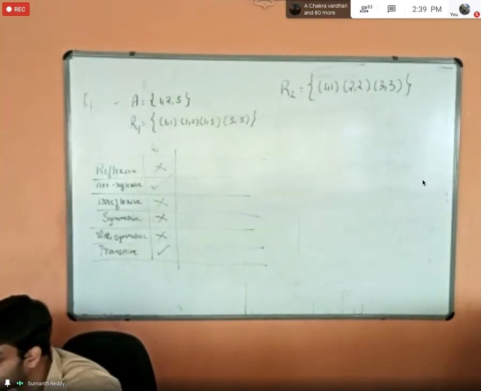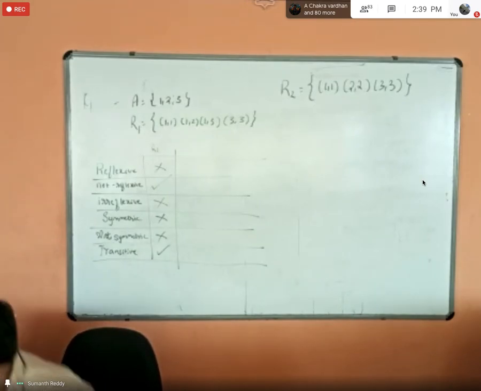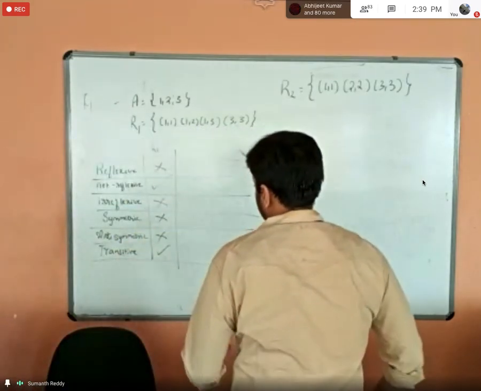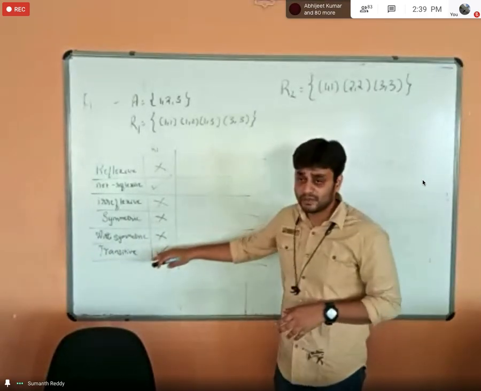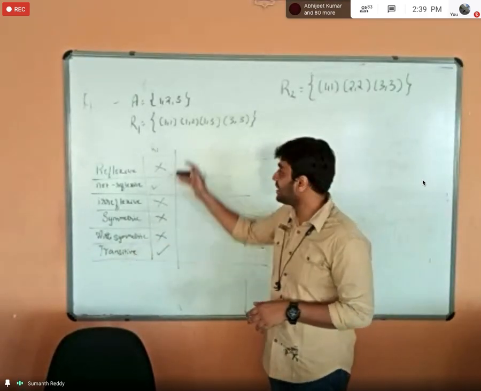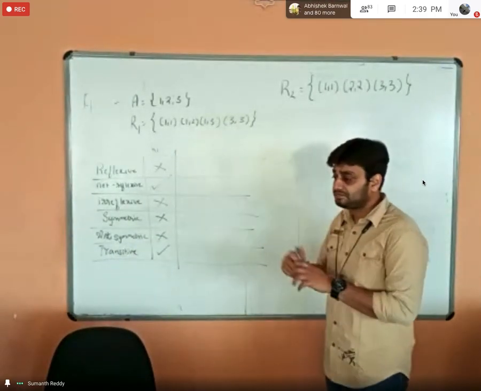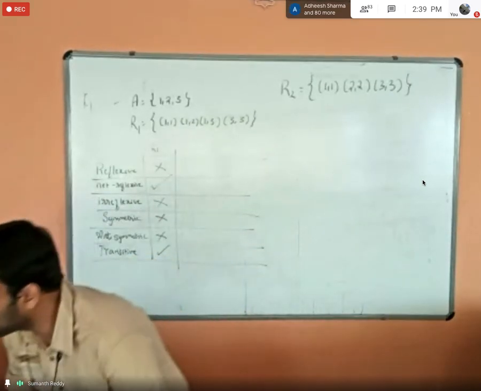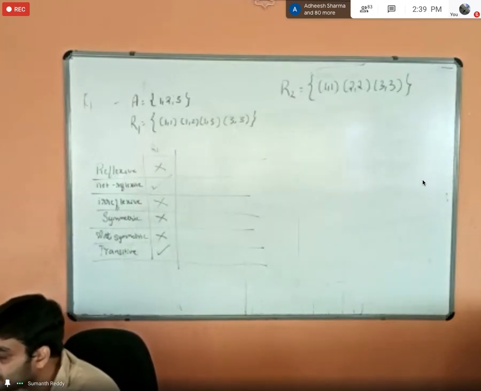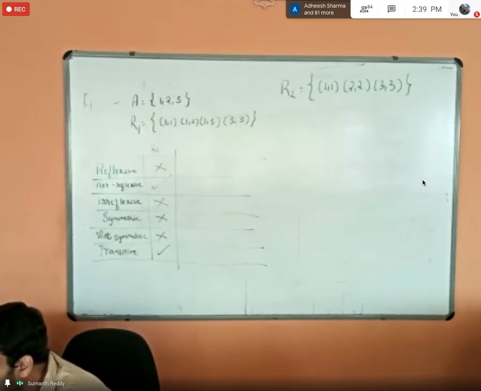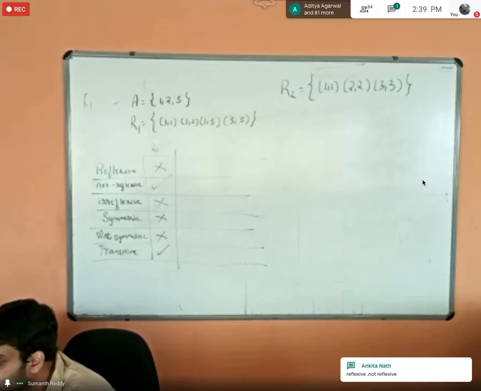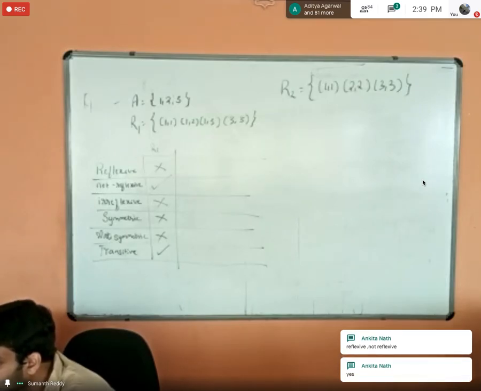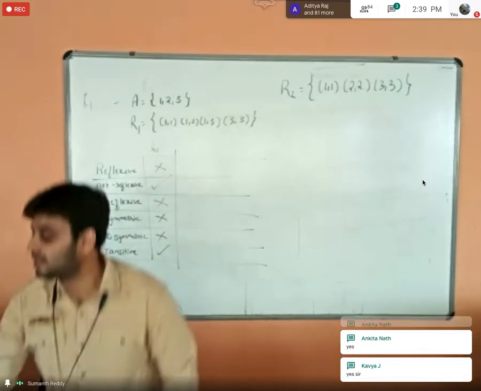Before I explain the second one, Aryan, I know why you have got confused with transitive relation. Before I explain the transitive relation again, with respect to this relation R1, is the board clearly visible for you, students? Okay, so I'll continue with this.